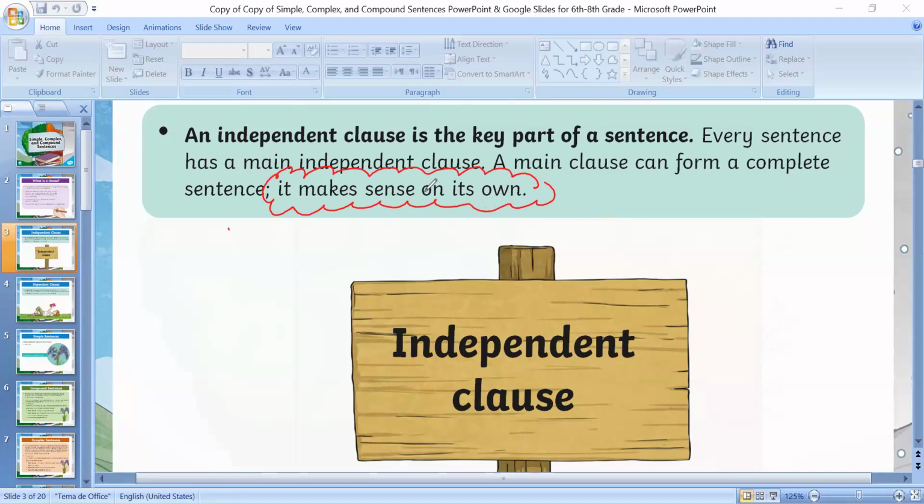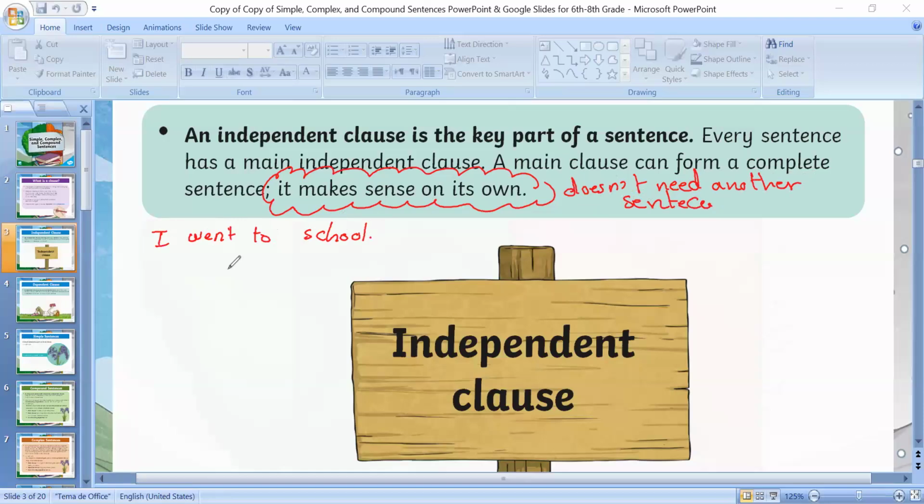What do you mean by it must make sense on its own? It means the sentence doesn't need another sentence. Like, for example, if I said, I went to school, is this a complete sentence or no?